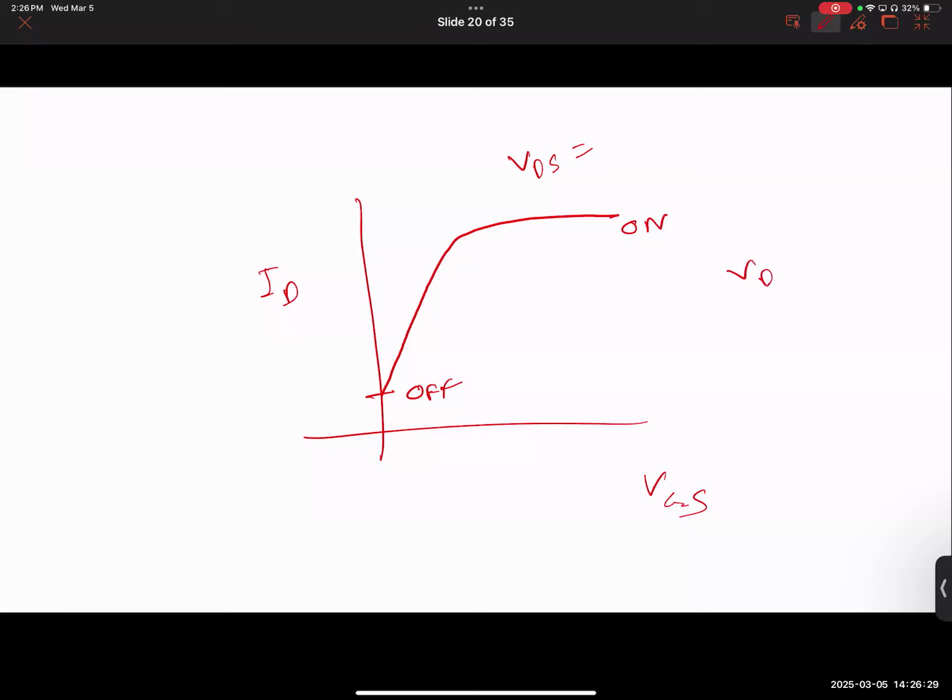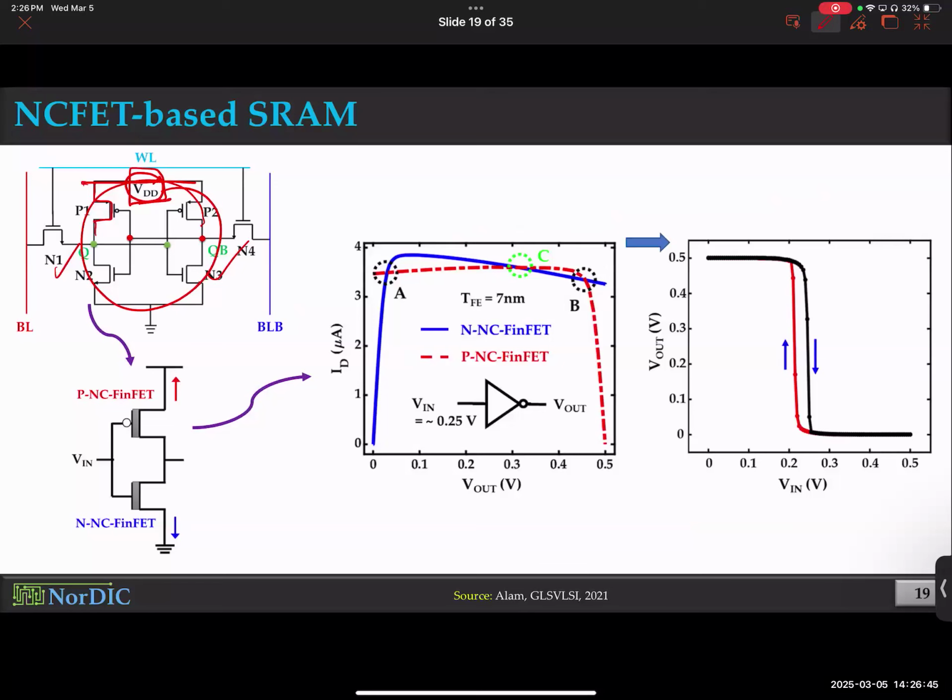If you apply VDS equals 0, then what? Then there is no off current. There is no current at all. It's absolutely 0. But even if it is a small, tiny 0.1 volt VDS, you have off current. Okay? So you have to have VDS. Now notice, in SRAM, when you apply VDD, that provides VDS to the transistor. That means the transistors leak. There is an off current.